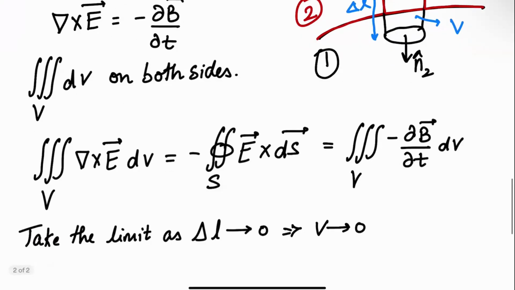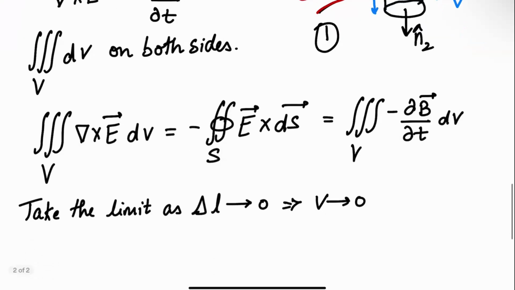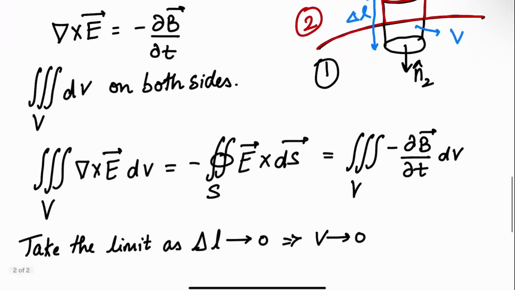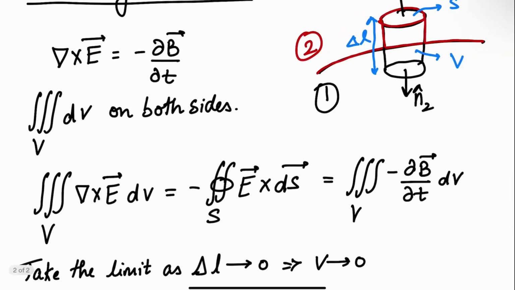But this is the way we're taking it to 0, we're taking delta L to 0. When we do this, we have to do this a little bit carefully. So this is a field quantity, dB/dt. We know that the fields satisfy Maxwell's equations, which means that they don't have any singularities, because you do take derivatives.